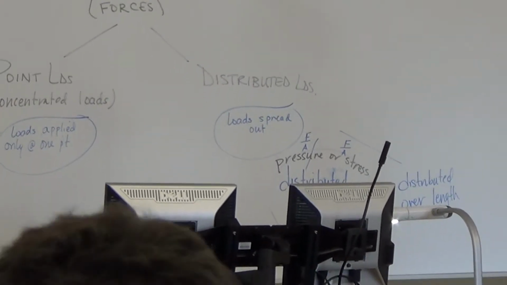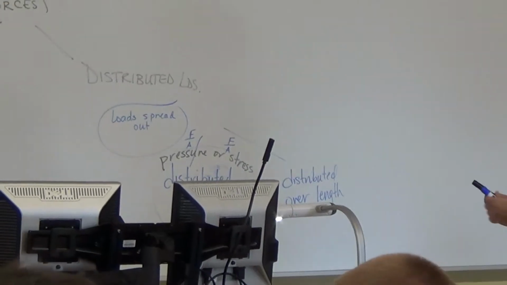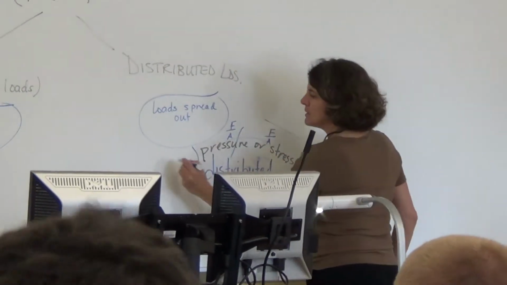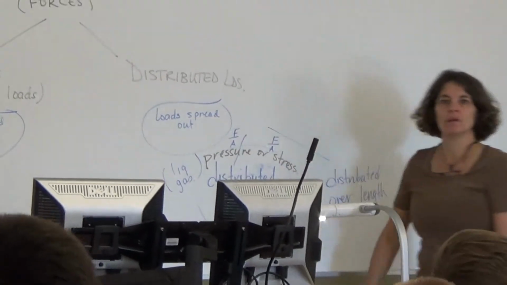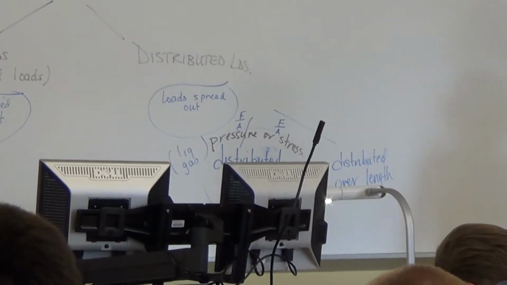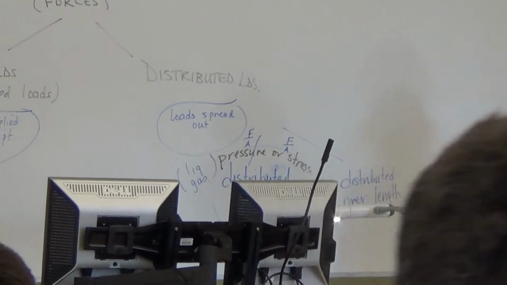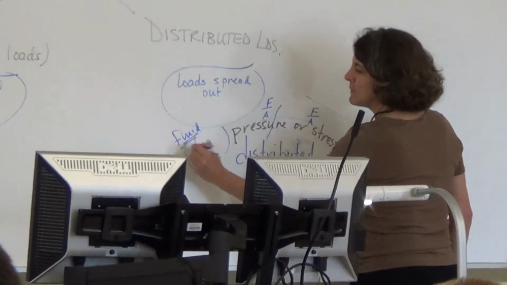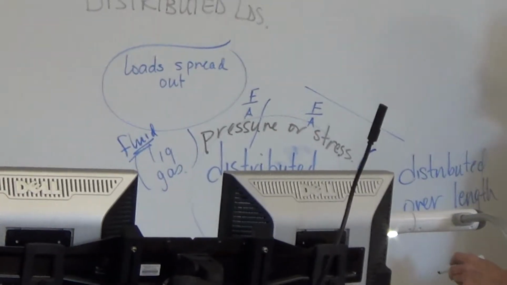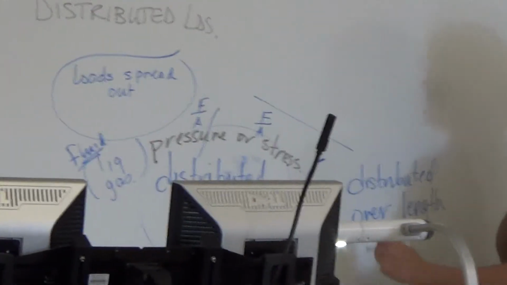Water pressure in a pipe? Air pressure in a tire? So when it's a liquid or a gas, you use the term pressure. Water pressure, air pressure. So it's a fluid. When do you use stress? Solid.